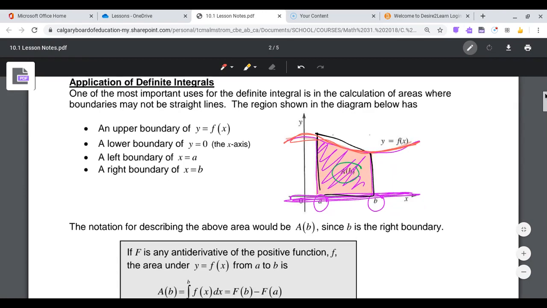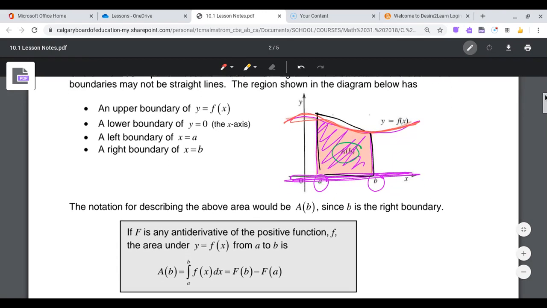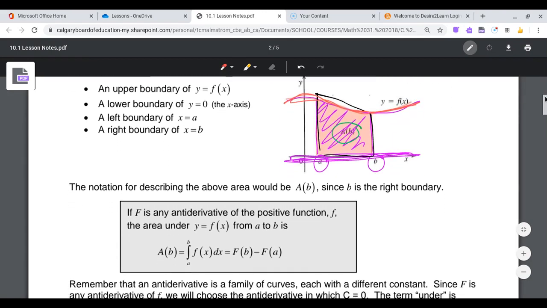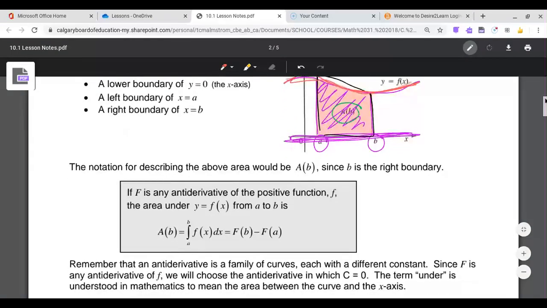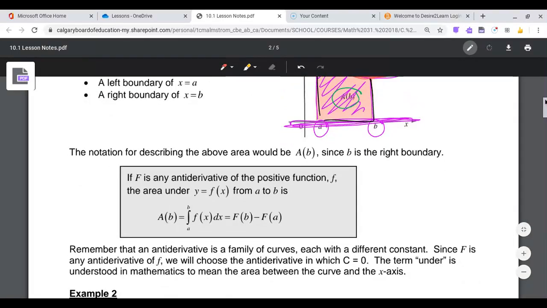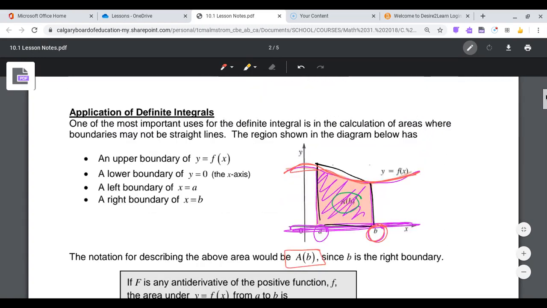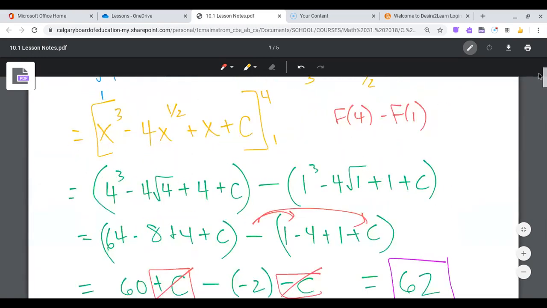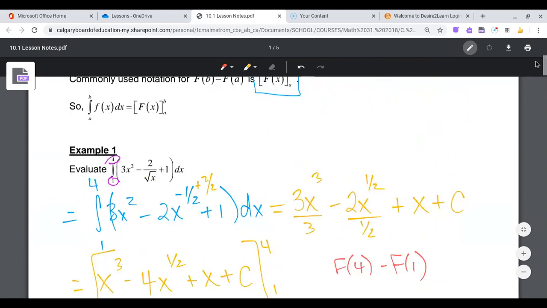Okay, and so because we're finding an area defined on an interval, we use this notation A of B. So you use the left boundary as the number that goes in. So in our previous question, if that was actually an area question, then this one would be defined as A of 4 is equal to 62 units squared.